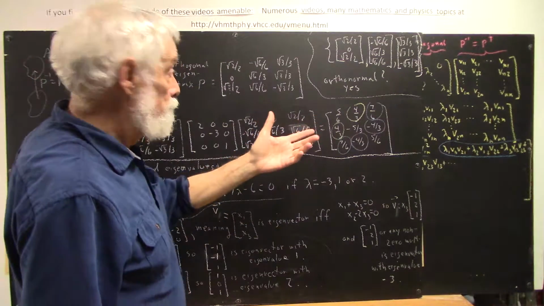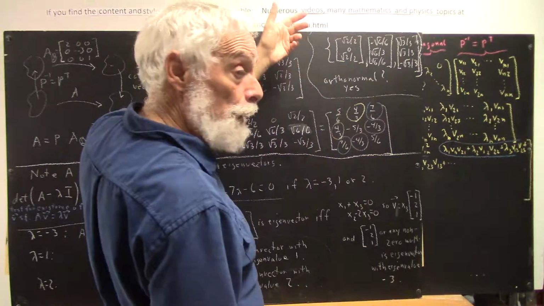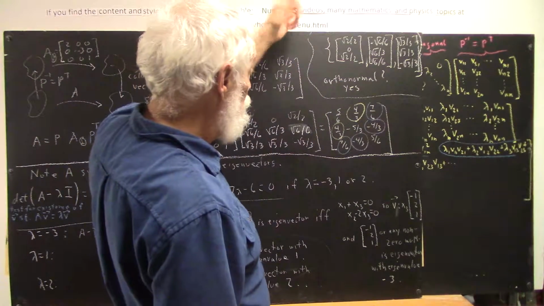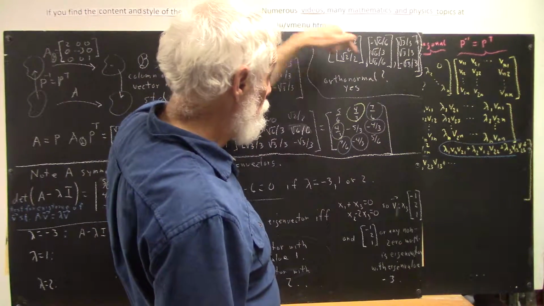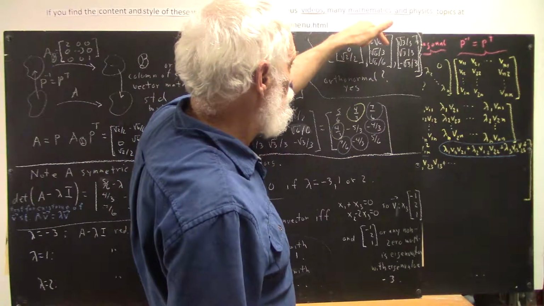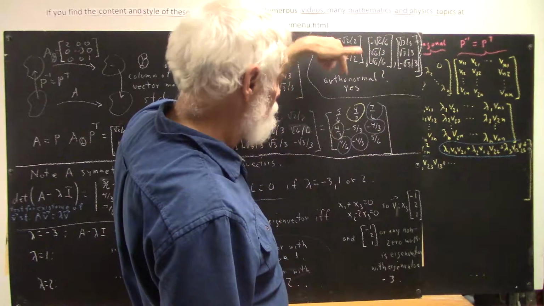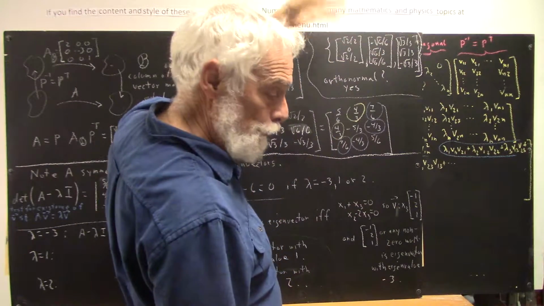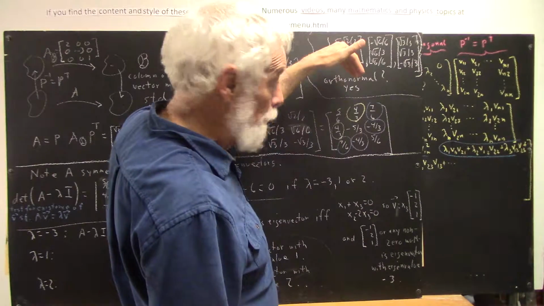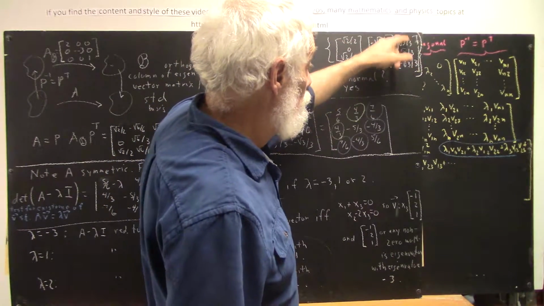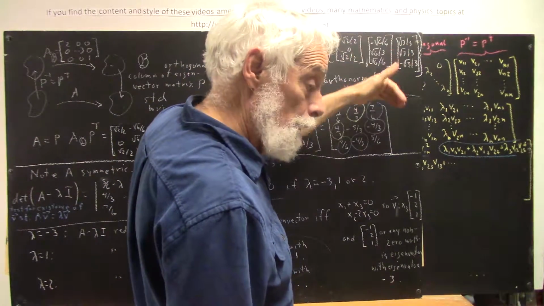Well, it's going to be a diagonal matrix where the eigenvalue of the first vector is in the first diagonal position, the eigenvalue of the second vector is in the second row, second column, and the eigenvalue of the third vector is in the third.